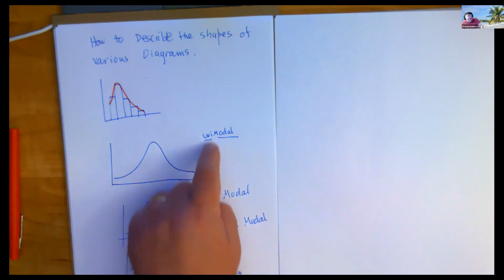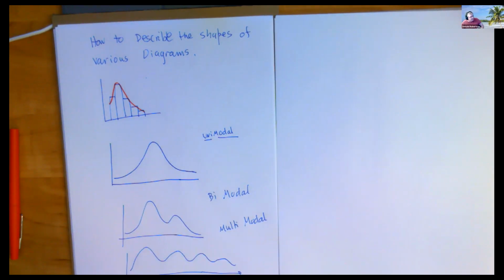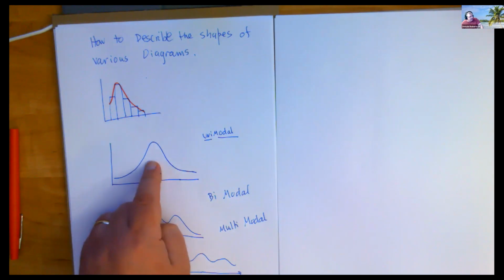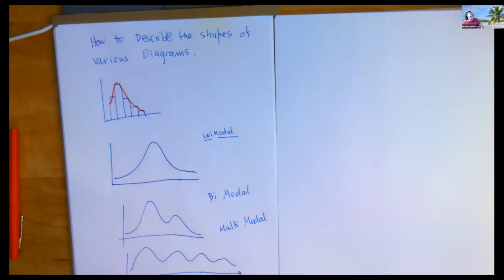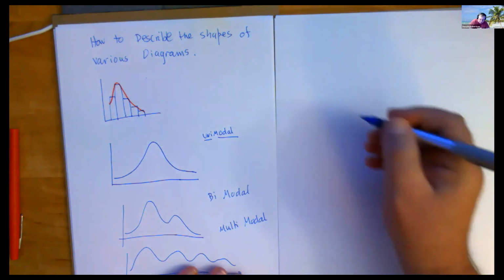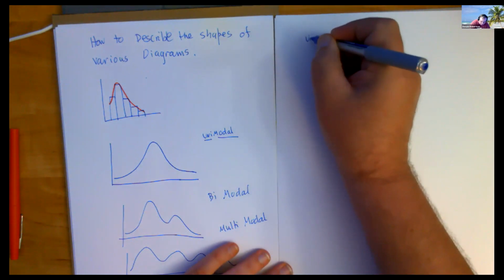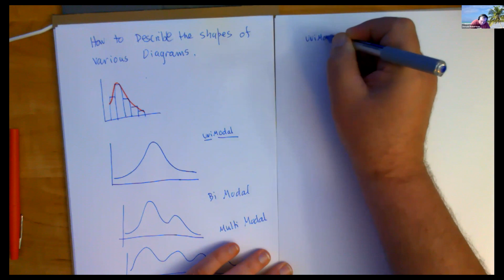So unimodal, bimodal, multimodal. Can you imagine you create a histogram or a dot plot or a stem and leaf, and it has this structure to it? That would be one of the ways in which you would describe it. Now we're going to look at only unimodal situations for a moment.